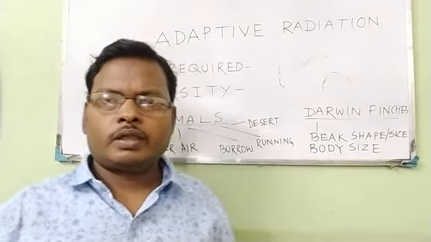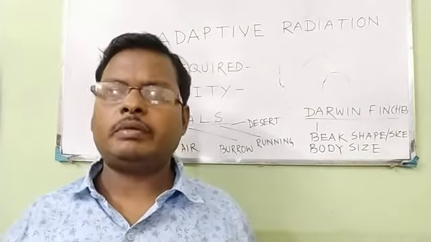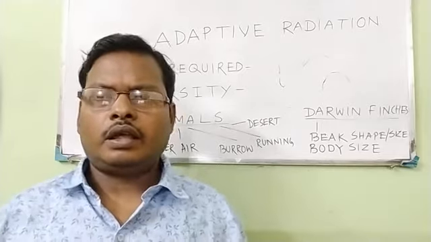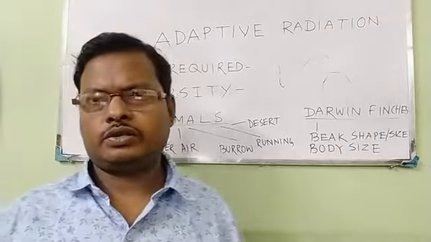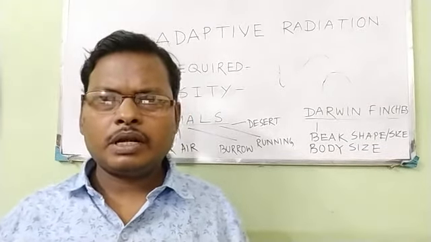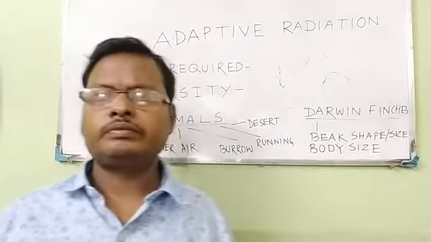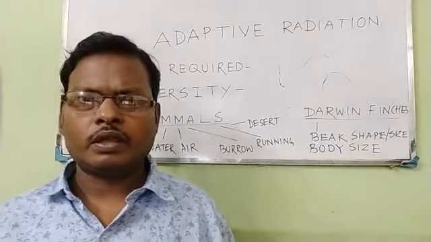We are going to discuss adaptive radiation in animals. What is adaptive radiation? Adaptive radiation is an example of macroevolution and quantum evolution.